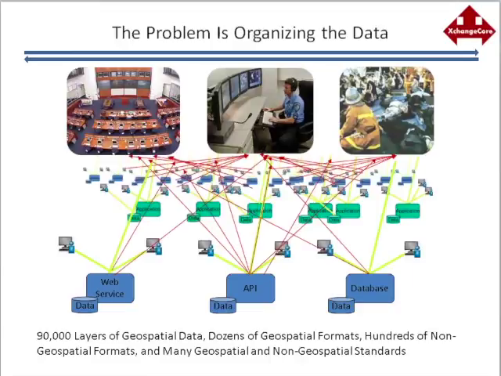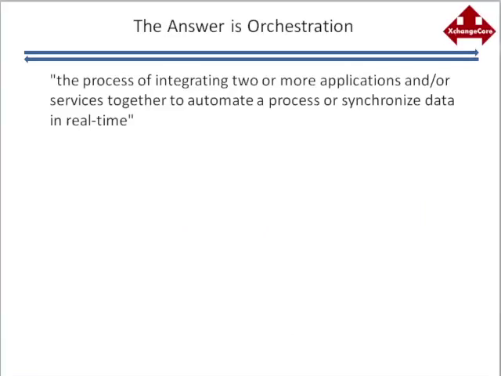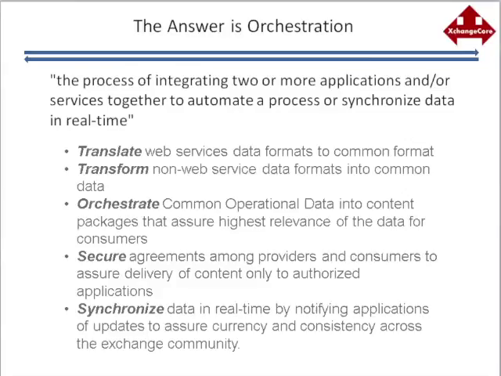And on the next page, we see what it is that this new thing, XchangeCore, combination of Department of Homeland Security, Department of Defense, and private sector efforts over the last several years has brought us to this point of answering that problem with something called orchestration.